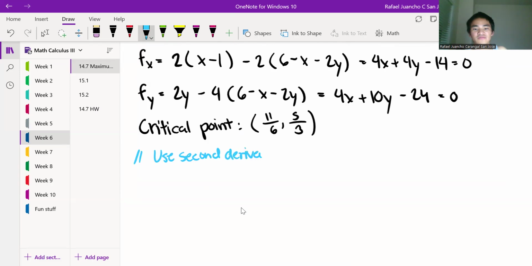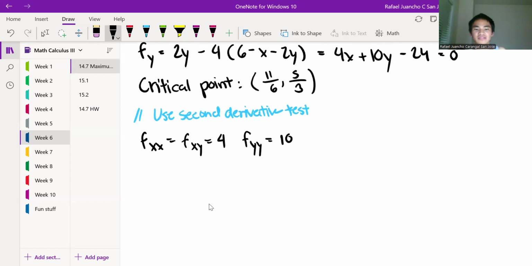And so here they kind of did it for us already. So I'm just going to let them do it for us here. So here I get my f sub x x at that point is 4, which funny enough is actually equal to my f sub y y, which is also 4. And then my f, oh, wait a minute. My bad, my bad. This is my xy. And then my fyy is 10.